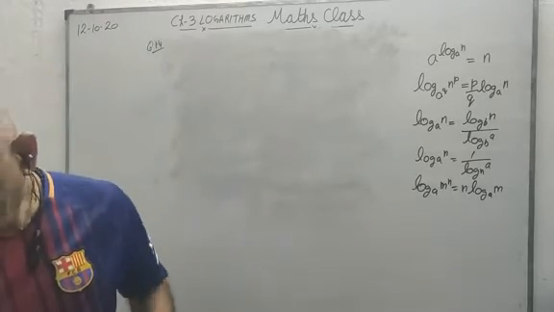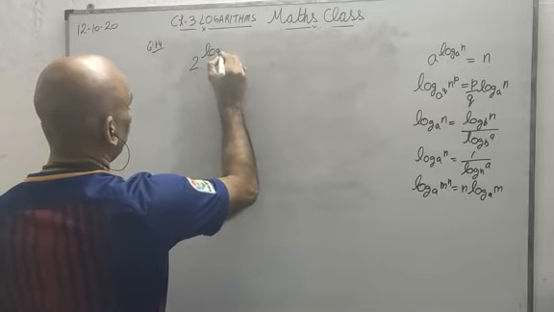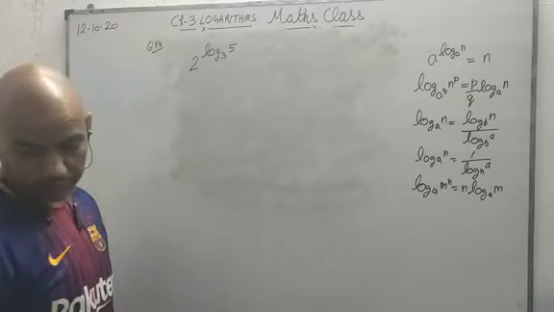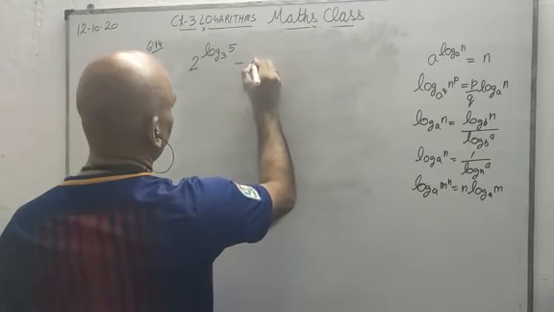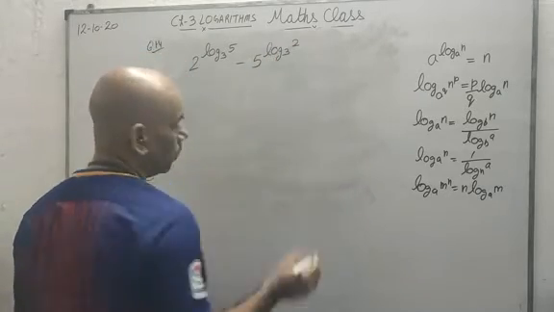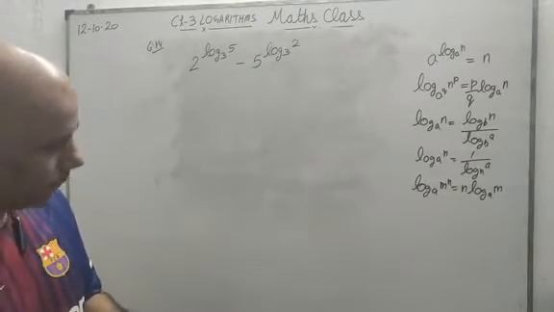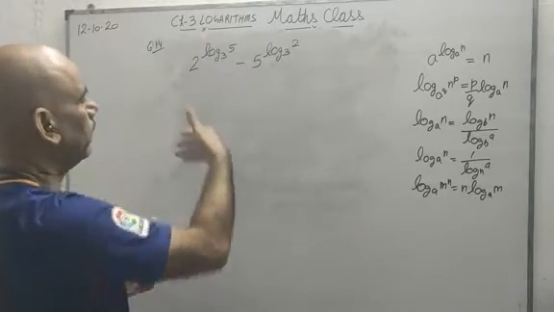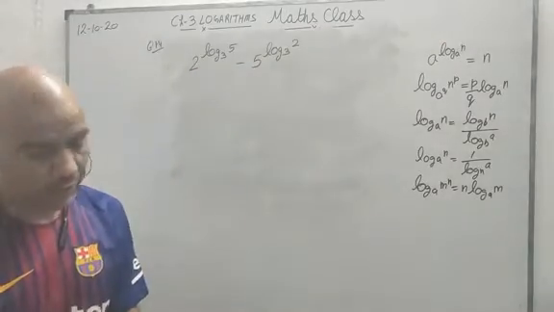What is given is 2 to the power log 5 base 3, very nice, and 5 to the power log 2 base 3. Now my problem is that neither this can be changed into 2 nor this can be changed into 5. So what should I do?